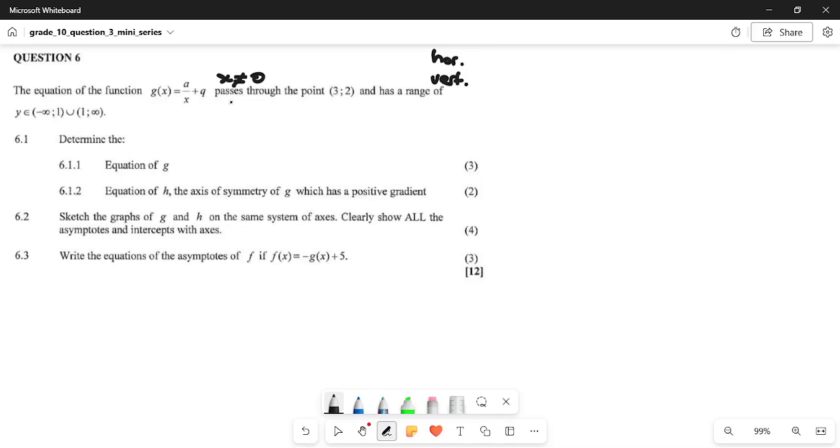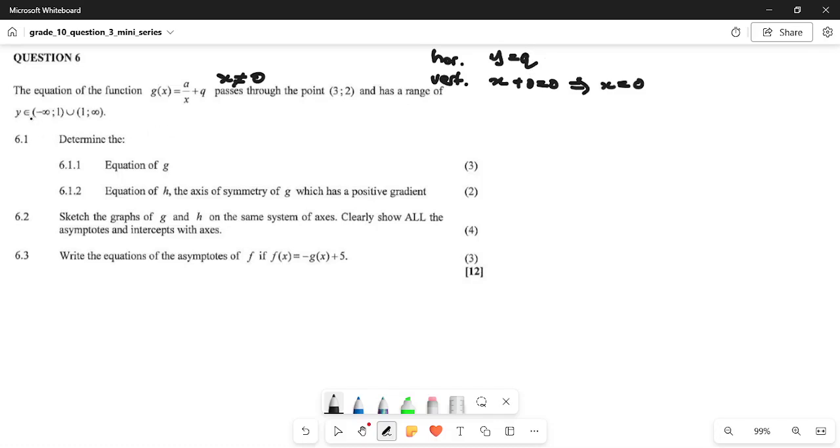The vertical asymptote, we normally look at our denominator and say x, in this case we've got 0, so x plus 0 is equal to 0. That means our vertical asymptote is x equals 0, right? And then the horizontal asymptote is defined by our q value. We normally say y is equal to q.